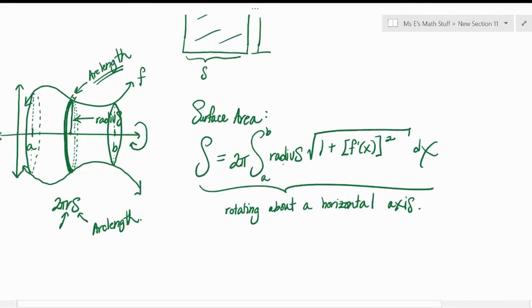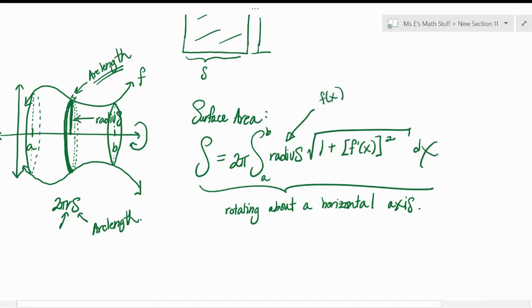Now let's think for a second, what would make sense to put in for radius if you were revolving around the x-axis? Well, if you look at your picture, you could see that the radius would be the y-coordinate that it takes to get from the x-axis all the way up to the function. And you'd need this to be in terms of x. So in this example, f of x would make sense.